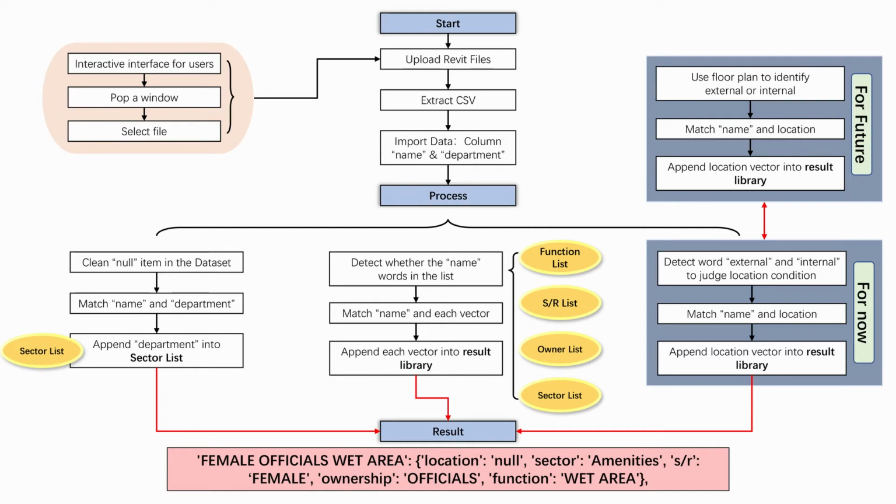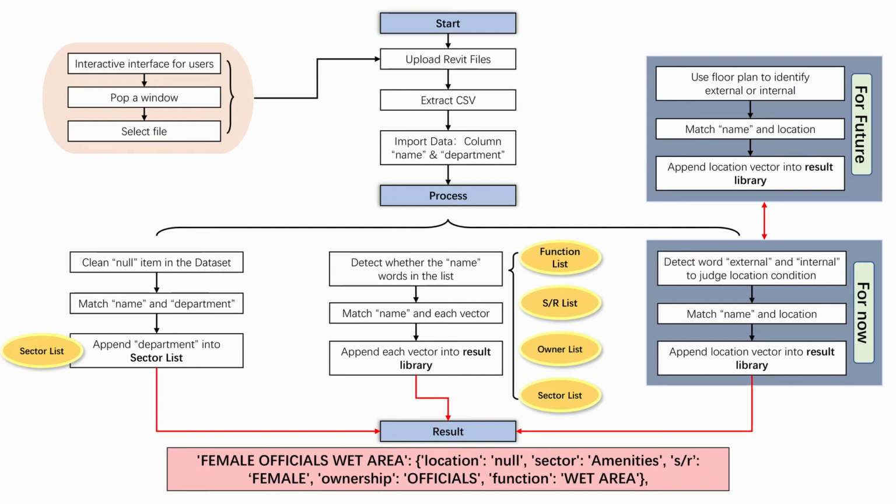By analyzing the original files from Revit, there's a column, department, which describes the sector of each room, so I matched it with the names of each BIM object and appended them as our sector list. Then I detected each part of the names of BIM objects in the lists we created from the pre-production stage and returned 4 result vectors into the result library.